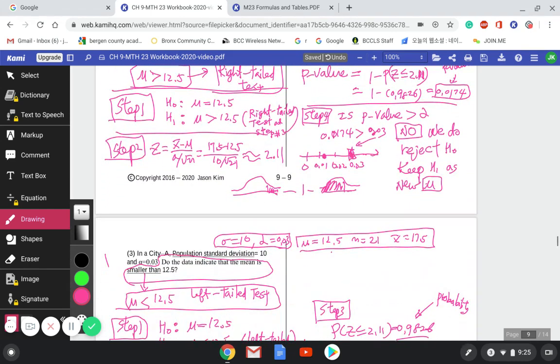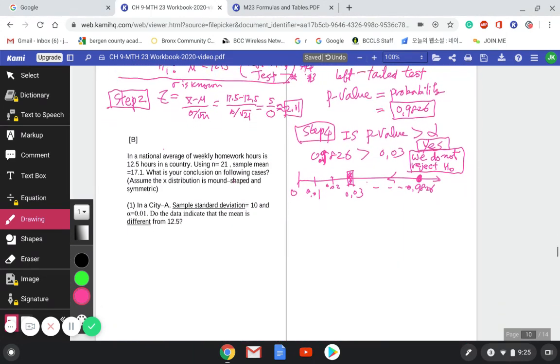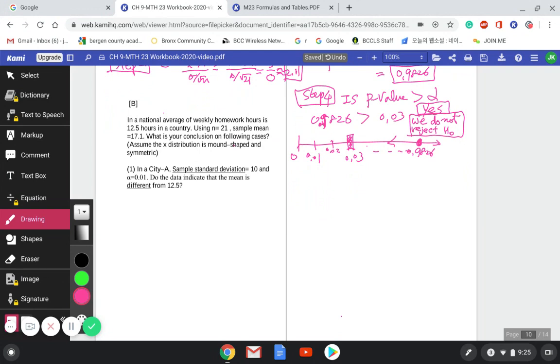So let's do one more set. Okay. Now in the second set, they are saying that in the condition first, national average. So since it's national average, we are assuming this is mu. So from there, we found the mu equal to 0.5. And then again, sample is again 21.